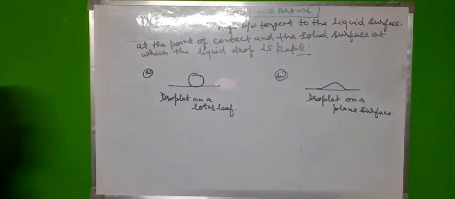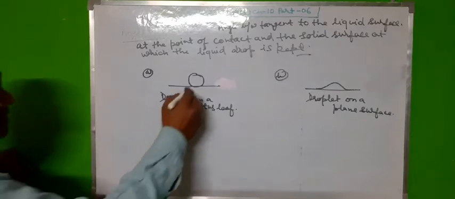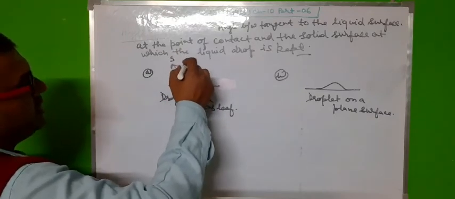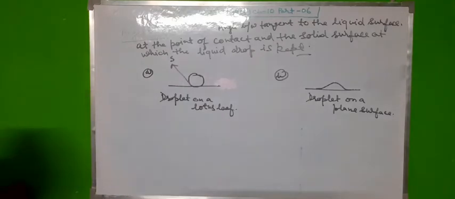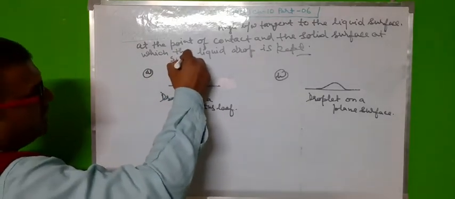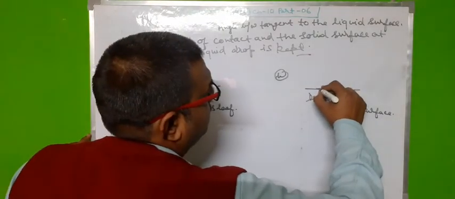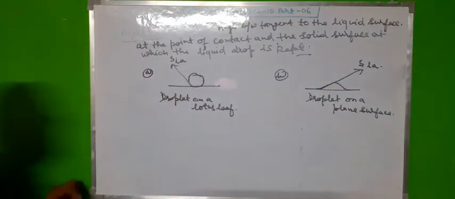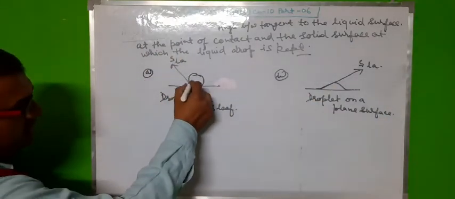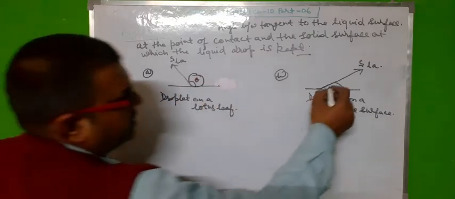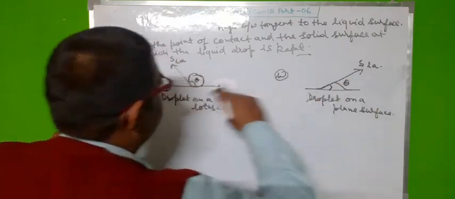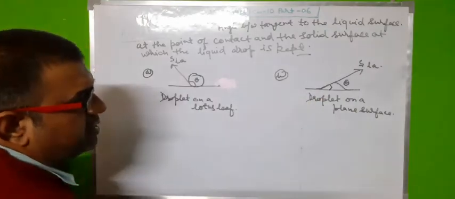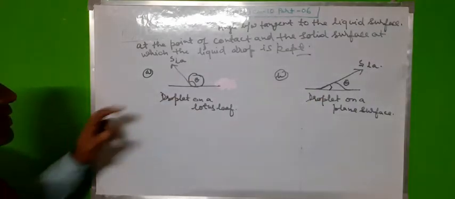Okay, it means this angle is due to surface tension between the droplet, the liquid and air, and here is the tangent, SLA, surface tension. So this angle theta, which it makes, we have drawn the tangent at the curved part which is in contact with the solid or the surface over which the liquid droplet is placed.